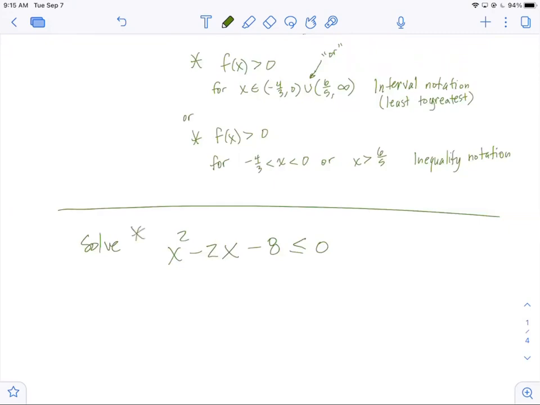I won't give you a cubic like the warm-up on the test on Thursday, but I might give you one like this. Factor, find the x-intercepts, sketch the graph, answer the question.